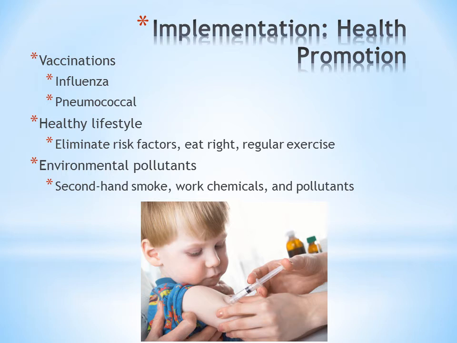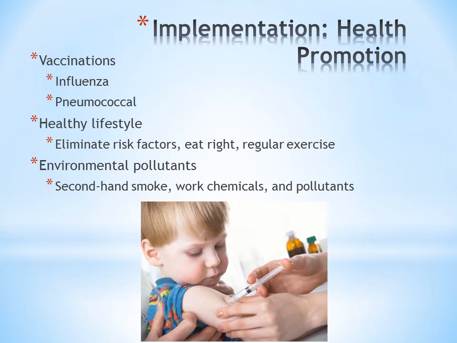We look at the vaccinations, such as the flu vaccine. It is recommended for children between 6 months and older, adults over 50, those clients that have chronic illnesses, and those clients that are in high-risk groups, such as healthcare providers, the immunosuppressed, and those who are HIV positive.